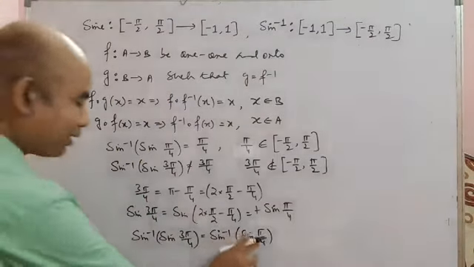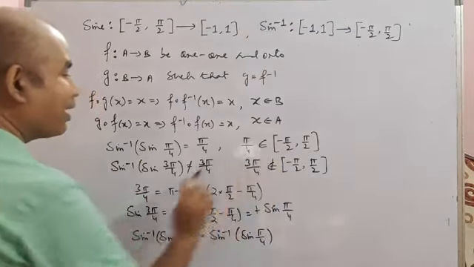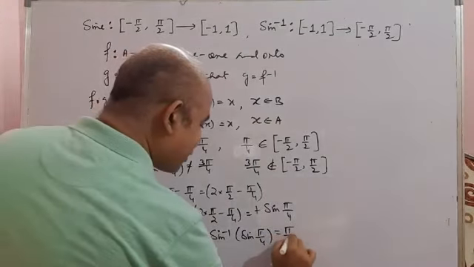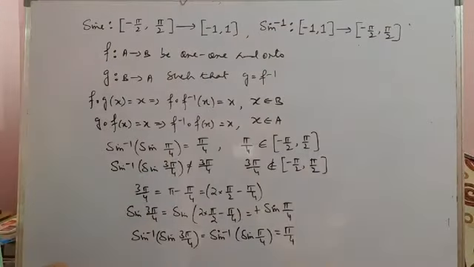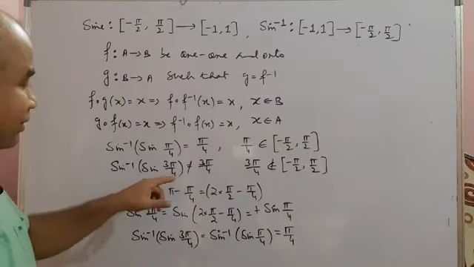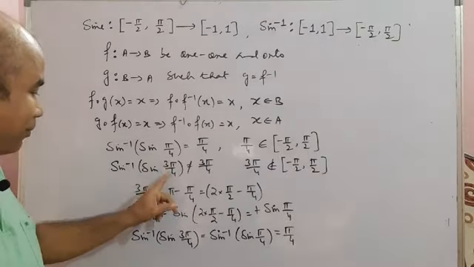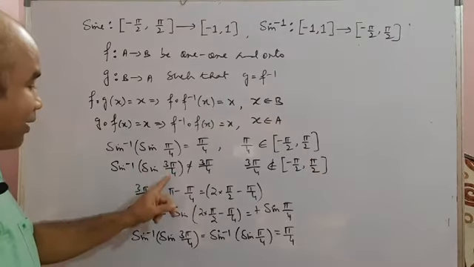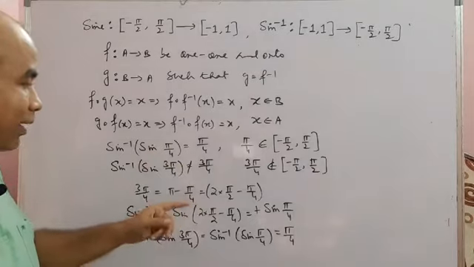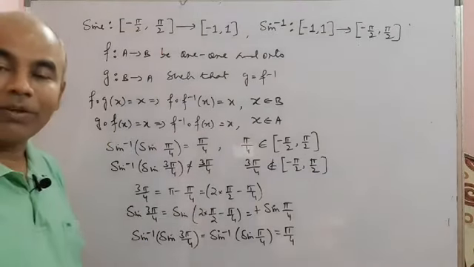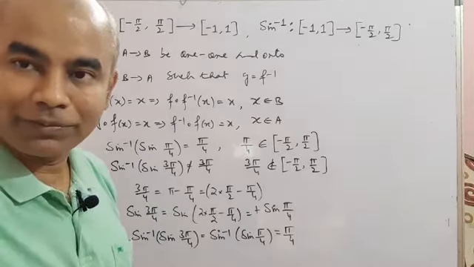And now this angle π/4 is in the domain of the sine function, so this value can be written as π/4. This is a common question, but you need to see that whatever the pre-image is, it must be an element of the domain of the sine function. That means it must be an element of the closed interval [−π/2, +π/2].